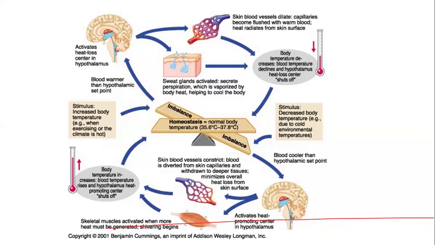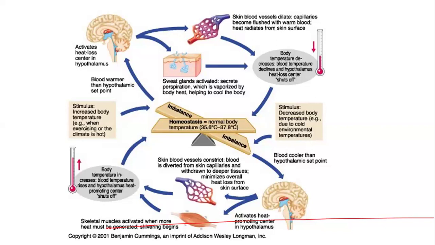Once dilated, more blood flows through them because their diameter has increased. The more blood flows through the capillaries, the more heat is lost by radiation to the environment. And of course, if the sweat glands are activated, more water is lost through sweat. As water evaporates from the sweat, cooling happens.